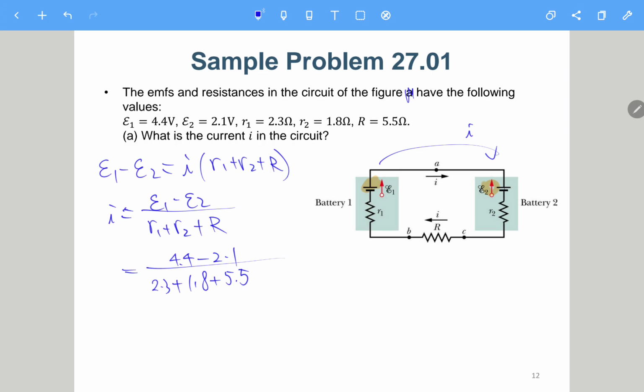So this number is nothing but 0.2408. This is really easy.